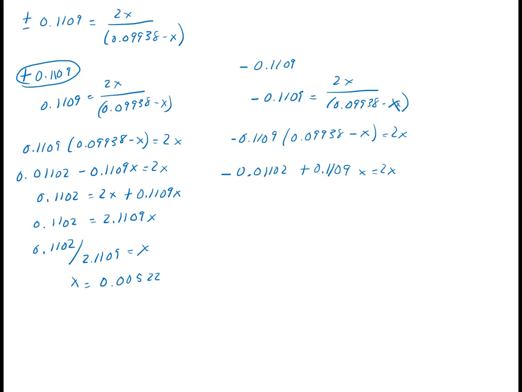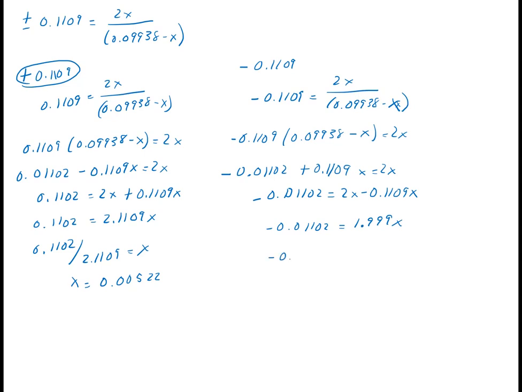Now my numbers change again because I'm going to subtract this from both sides. So I get a negative 0.1102 is equal to 2x minus the 0.1109x. So I get negative 0.01102 is equal to 1.999x.